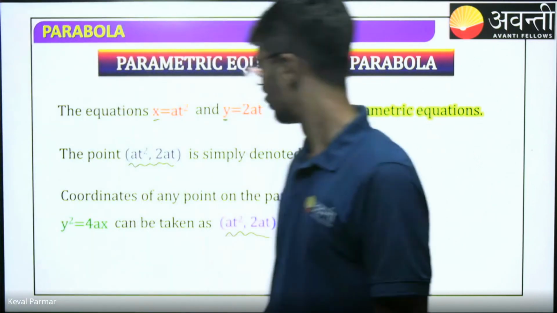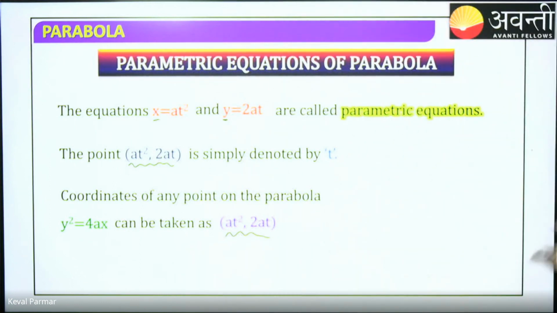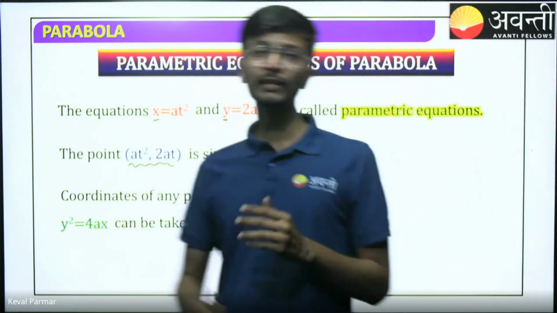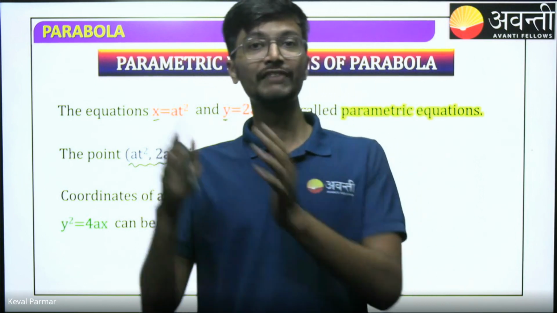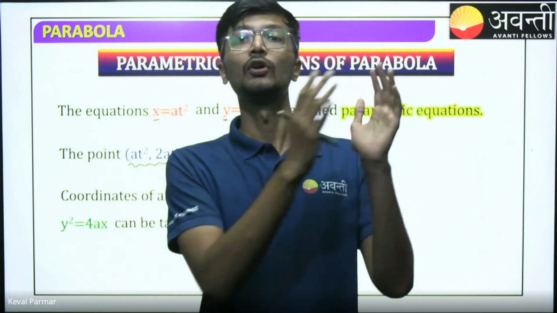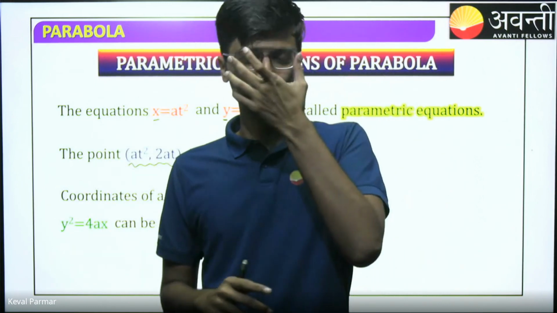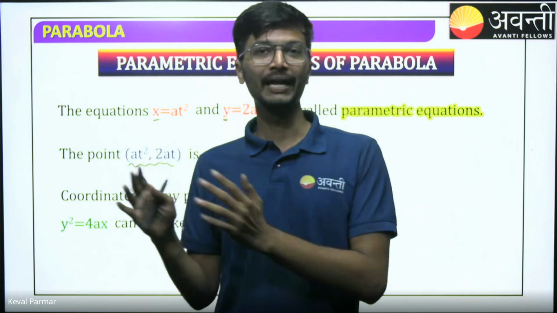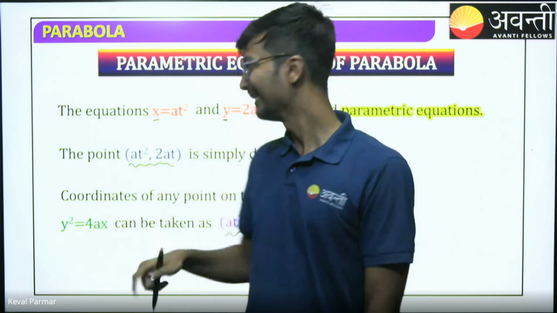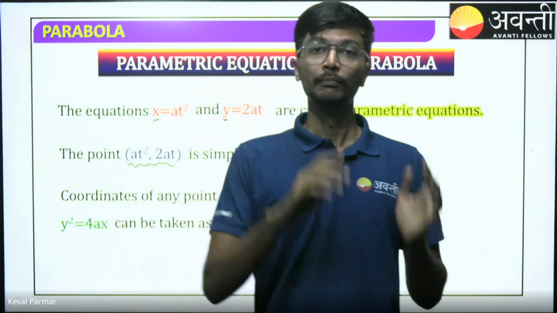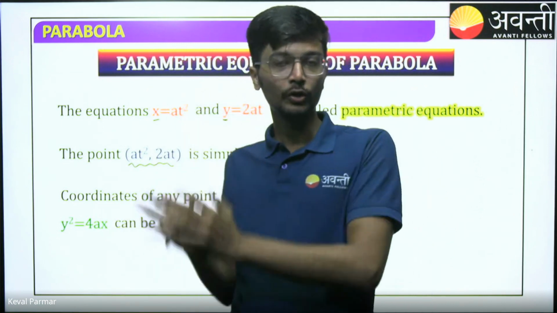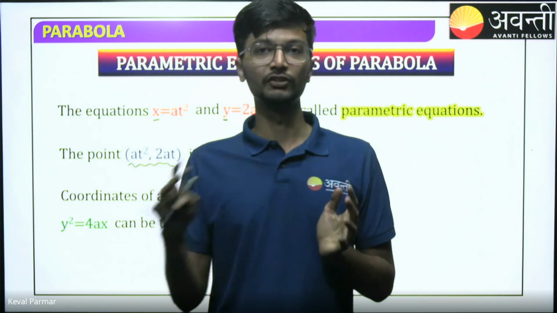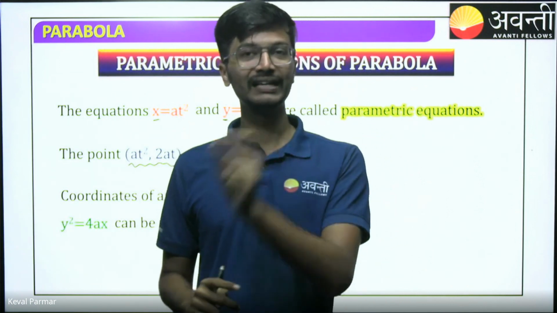Chalo. So let's see what we have now. Further, we'll be seeing the parametric equation of tangents, normals, chords, and everything. So till now, every equation that we have studied was not in the parametric form or was not in terms of t. But now tangents, chord, normal, everything we will be doing with respect to the parameter t.